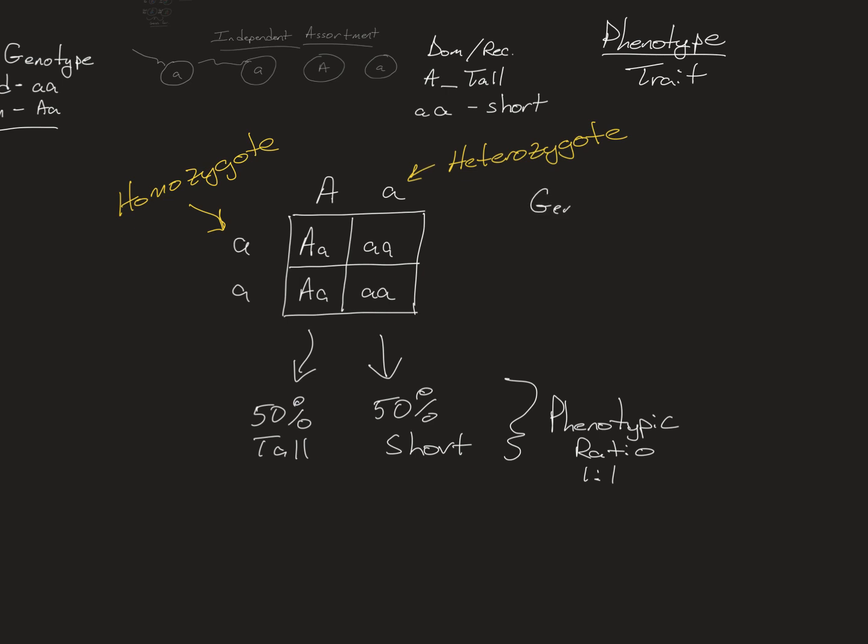What's the genotypic ratio? That's right, 50-50 or 1 to 1, 1 big A, little a to 1 little a, little a, or 50% big A, little a, 50% little a, little a. Depending on how they want you to represent the number, it could be in percentages or it can be in a ratio. Are we okay with that?